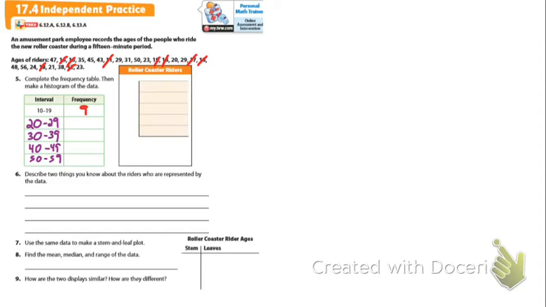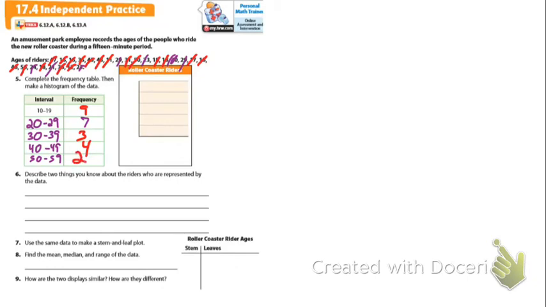Now 20 through 29: 1, 2, 3, 4, 5, 6, 7. Now 30 through 39: 1, 2, 3. Now 40 through 49: 1, 2, 3, 4. And last but not least, 50 to 59: 1, 2. So that's what we should have had.